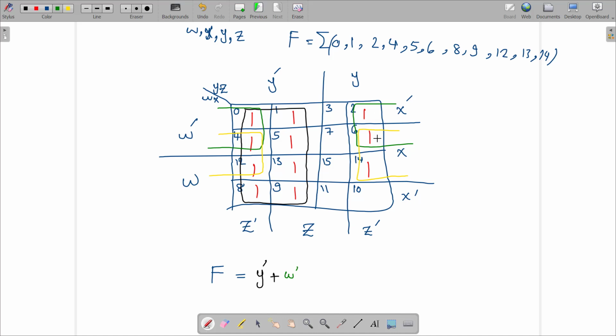X changes, I cannot write it. So again, which one does not change? If you look at here, Y and Y prime change, Z prime does not change, so W prime, Z prime.